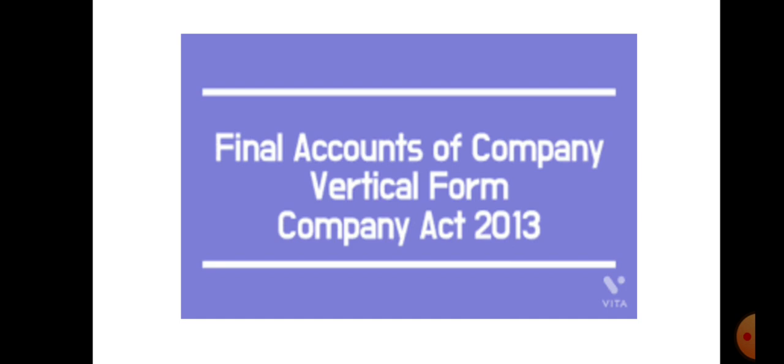So income statement, or it is also called as profit and loss account, is one of the imperative component of financial statements. The aim of income statement is to quantify and present the financial performance of the company for a given period.